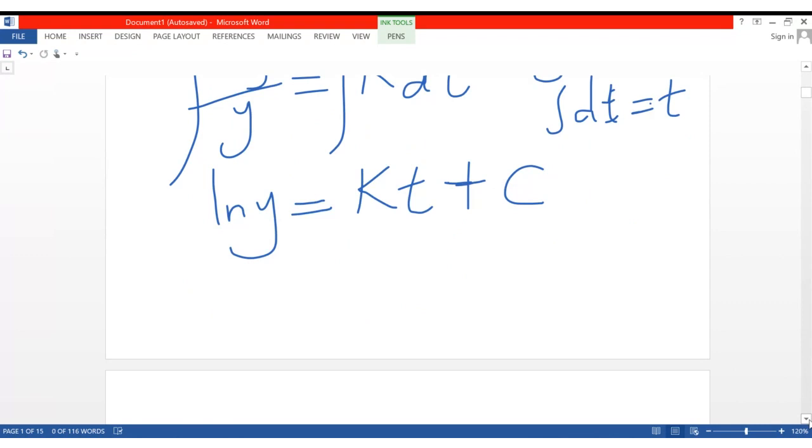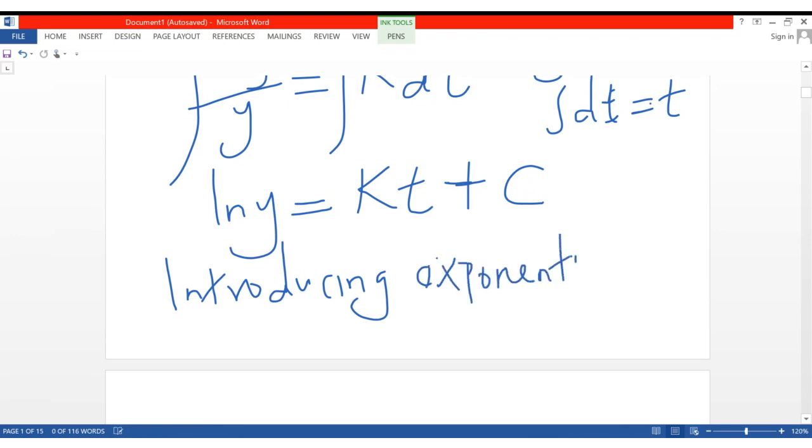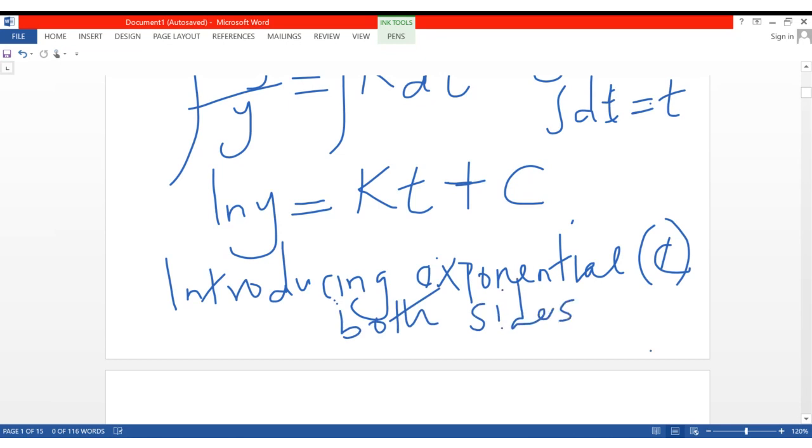To remove the ln. The only function that can remove the ln is the exponential. So introducing the exponential e on both sides of the equation, because we want to solve for y, basically the amount.